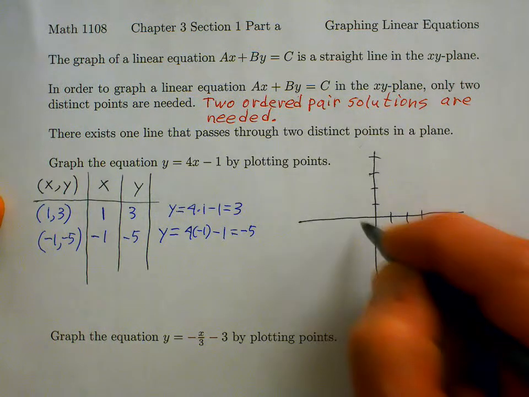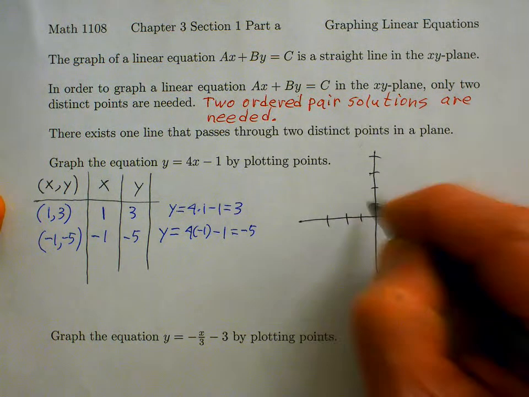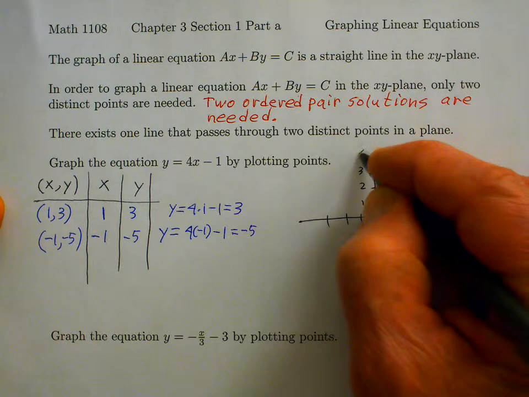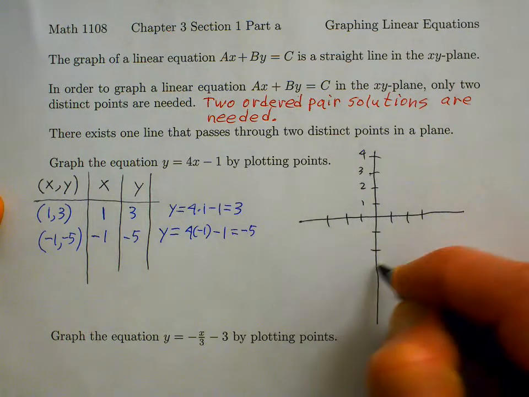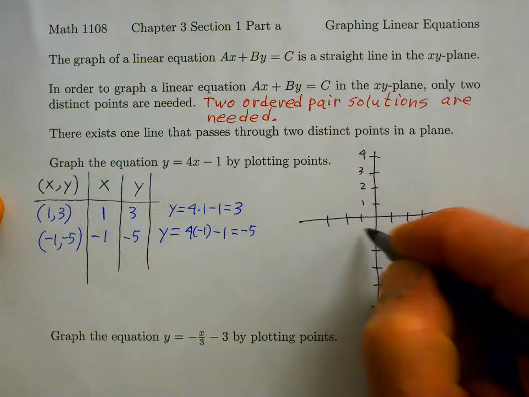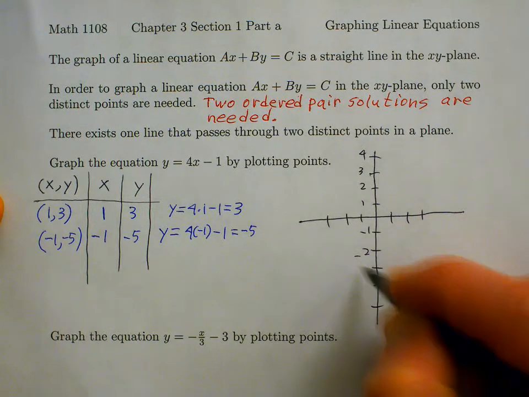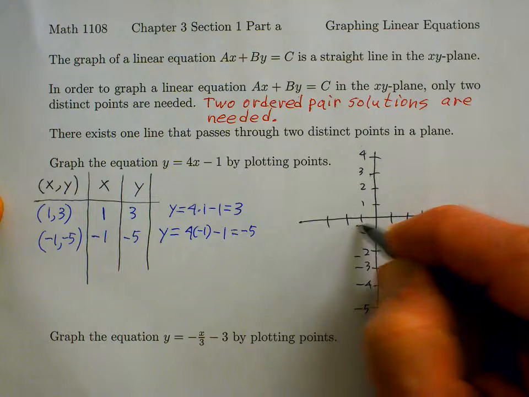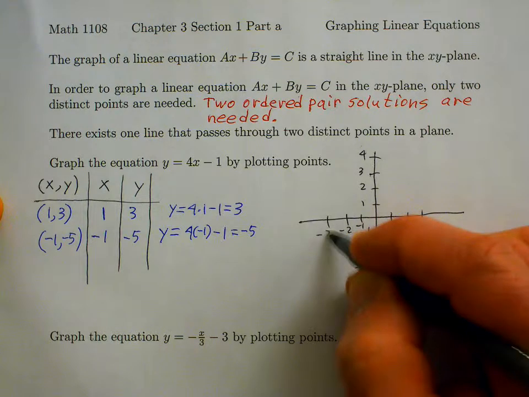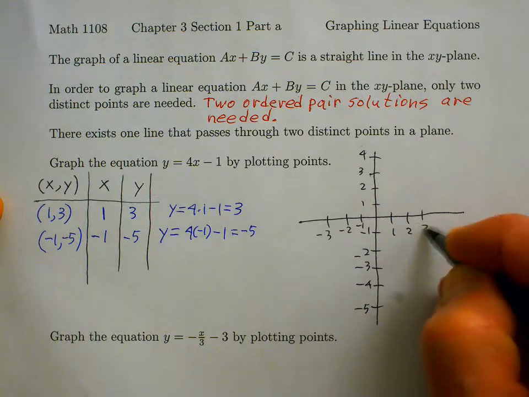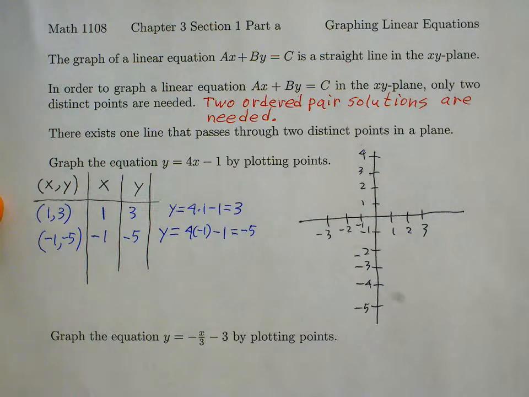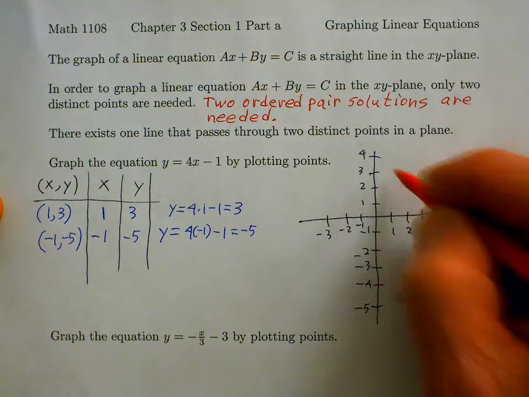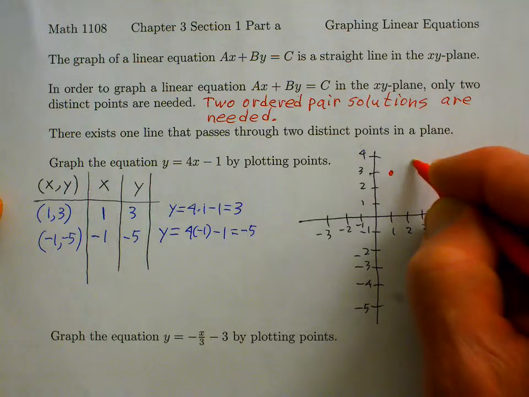So we'll fill in some of these numbers in the xy plane. It'd be nice if I drew a bigger graph, but the ordered pair 1, 3 is right here in the first quadrant.